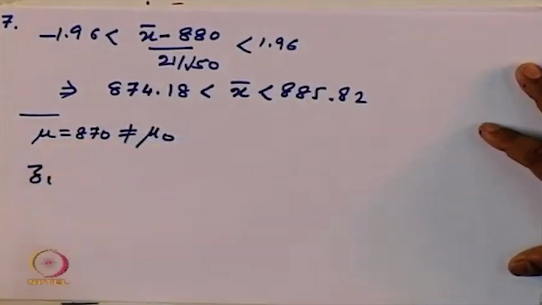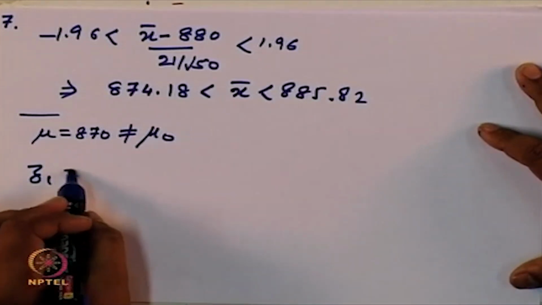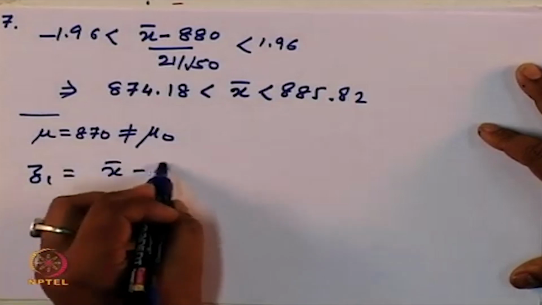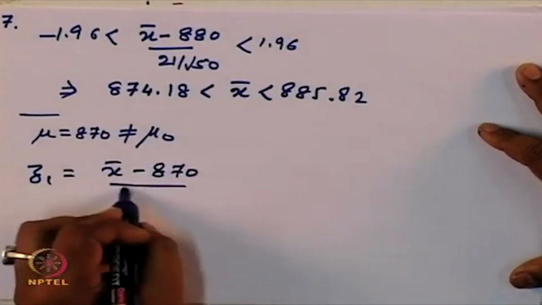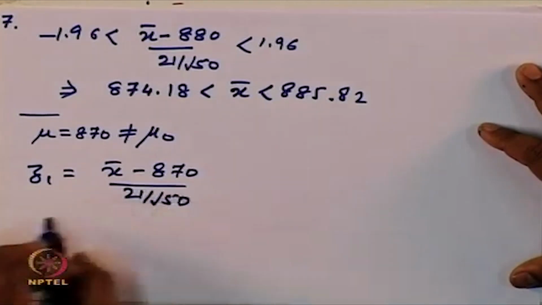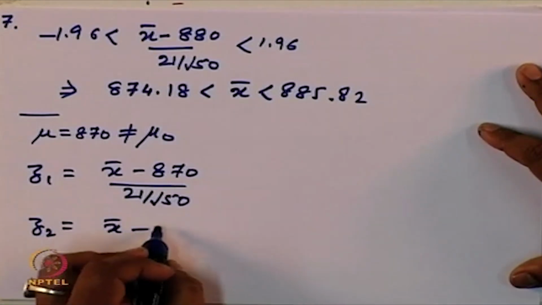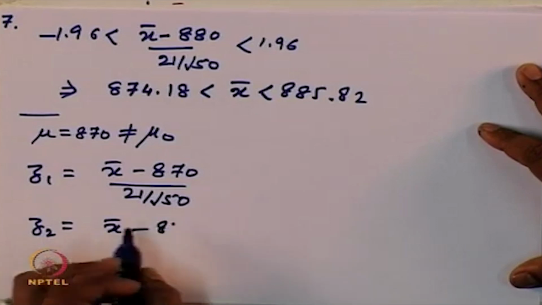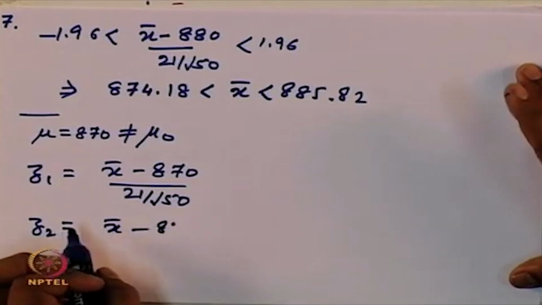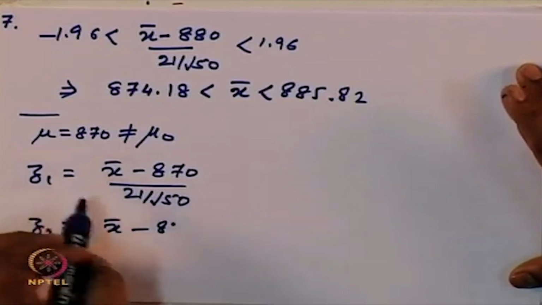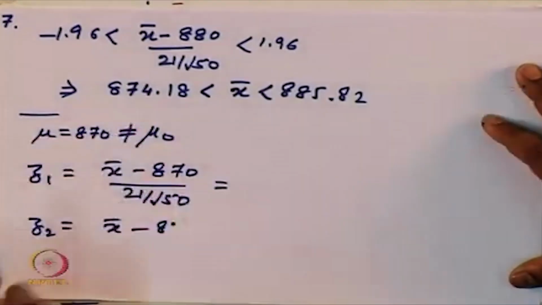So, I can calculate the test statistics Z1 and Z2, given by x bar minus 870 by 21 by root 50. Using this expression I can plug in these values.